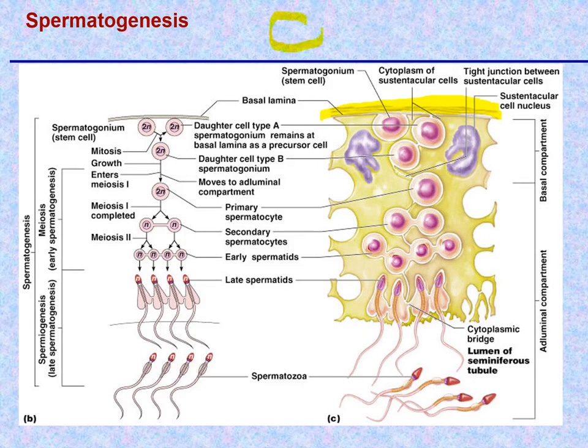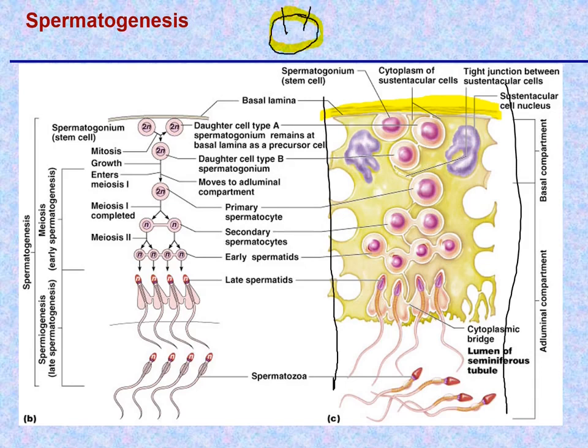What is represented here is just a slice of that pie, like a slice of this cross-section of seminiferous tubule.